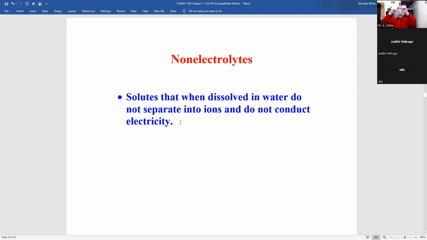And non-electrolytes, click, are things that don't separate into ions and don't conduct electricity. Example would be an alcohol.